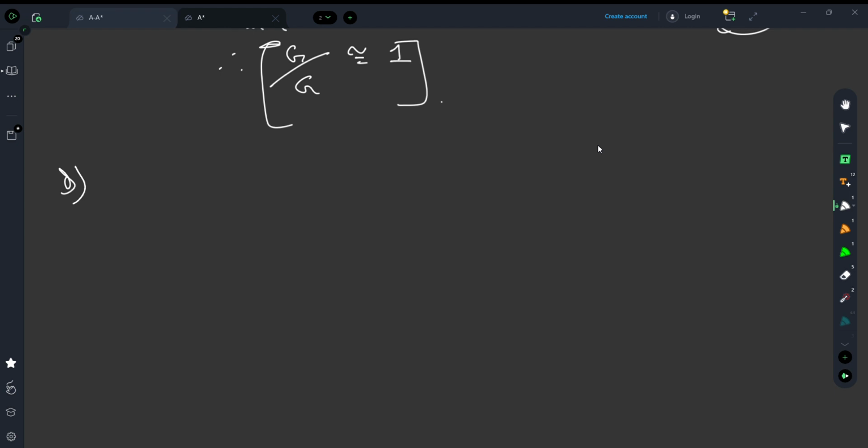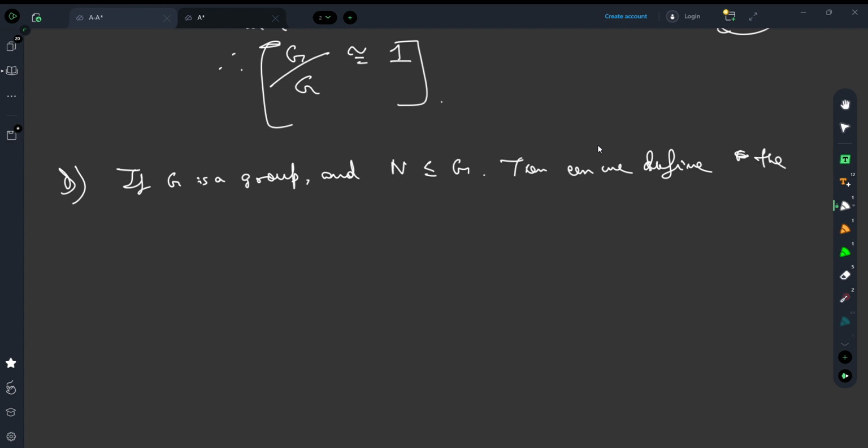So the question is of this sort: if G is a group, and N is any subgroup of G, then can we define the quotient group G mod N? Okay, that is the question.